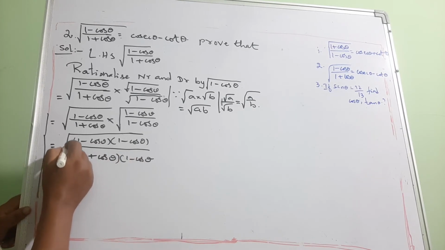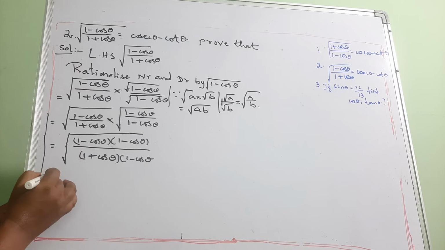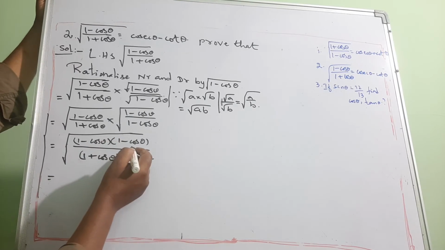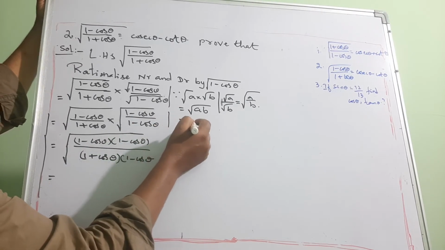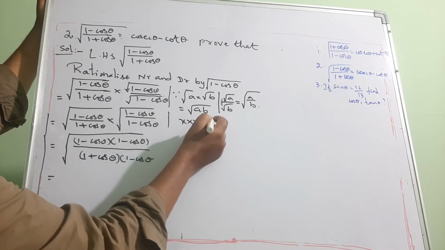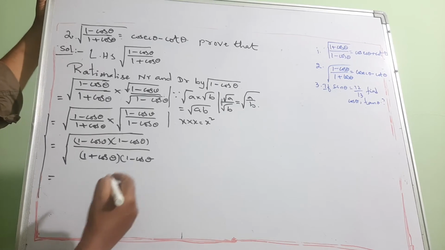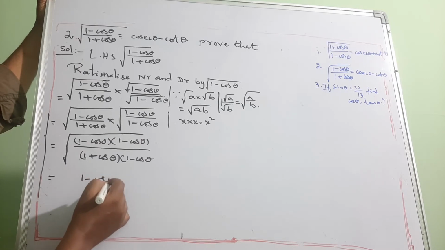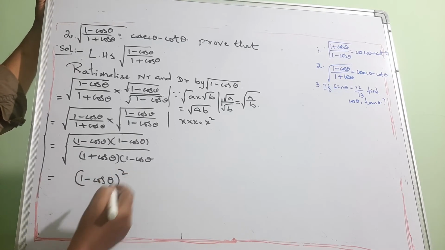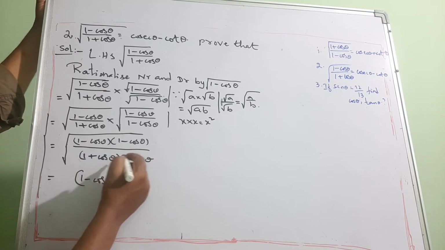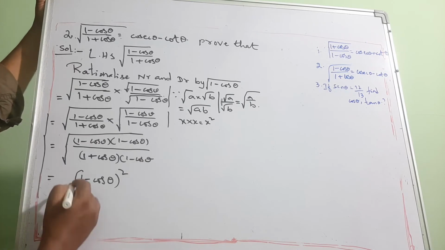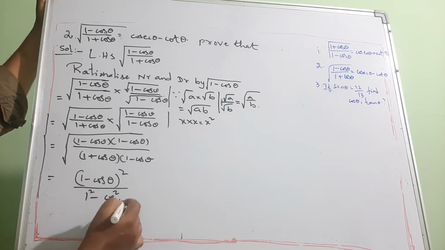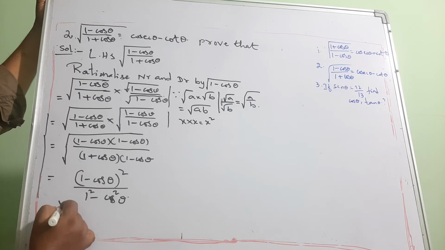The root is the same for numerator and denominator. In the next step, a minus b into a minus b, like x into x is x square, so 1 minus cos theta into 1 minus cos theta is 1 minus cos theta whole square, and a plus b into a minus b is a square minus b square, so 1 square minus cos squared theta.